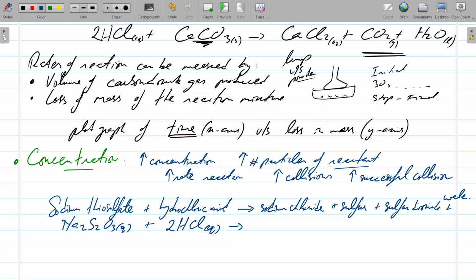You are getting sodium chloride, which is also aqueous, right? You're getting sulfur as a solid, sulfur dioxide gas, and obviously water, which is a liquid.